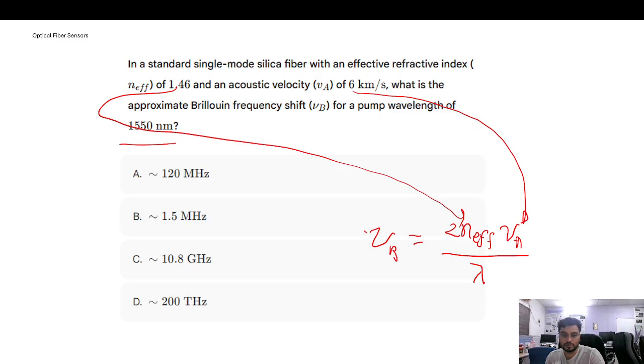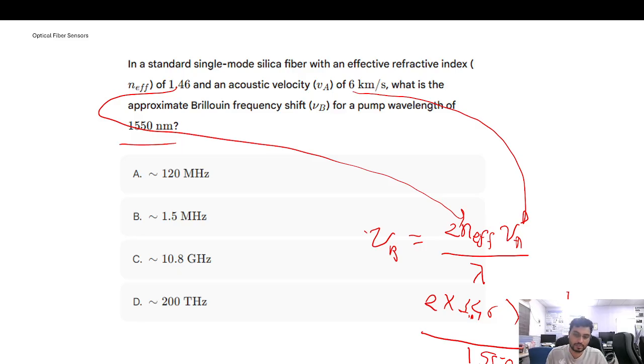If we keep all these things, we'll get 2 into 1.46, Option A, 120 megahertz, 6 kilometer per second, then divide 1550 nanometer, so into 10 to the power, in meter it will be 8, but in kilometer it will be, how much? 11 kilometers.